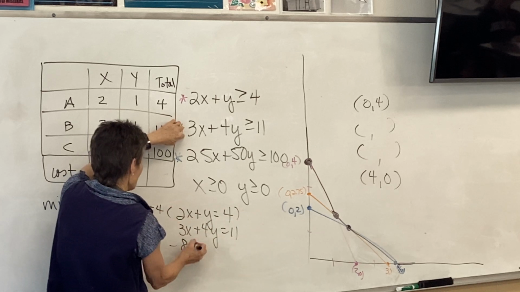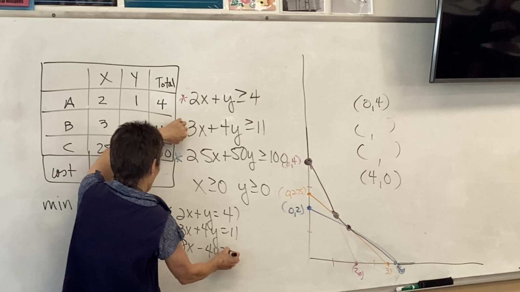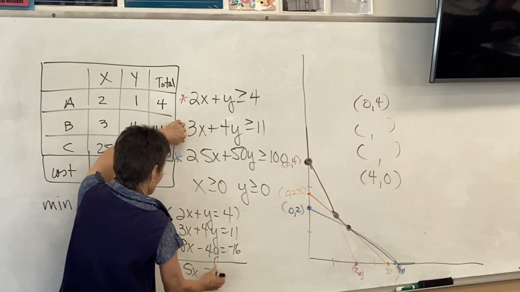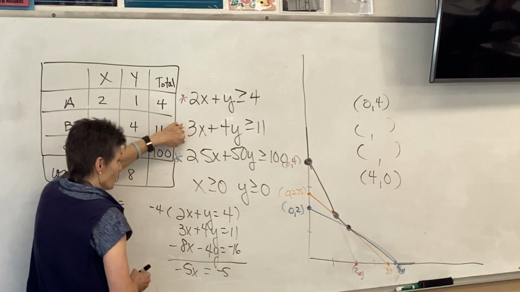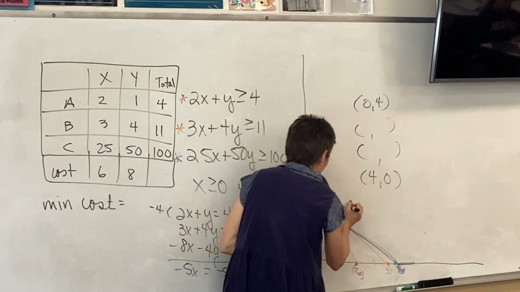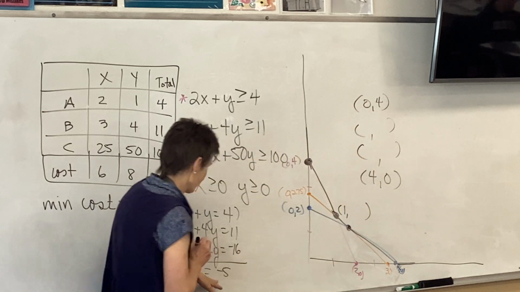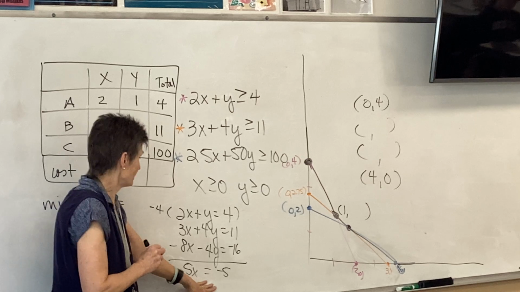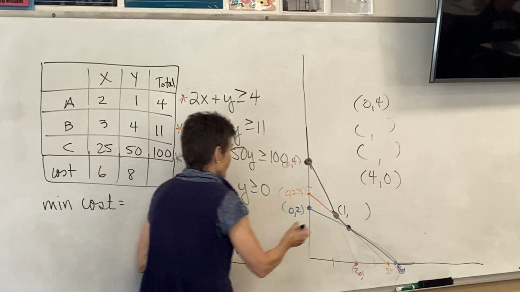So -8x minus 4y equals -16. Elimination. Yeah, I always eliminate, you don't have to. No, I feel like that's easier. So it looks like x equals 1. And if x equals 1, then y equals 2.